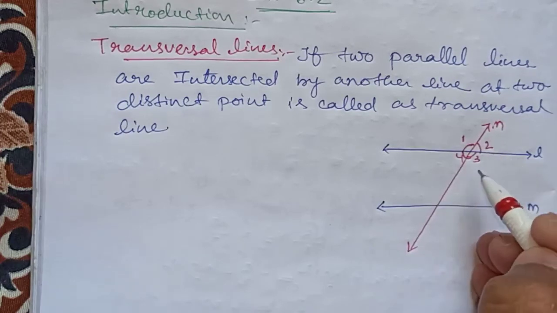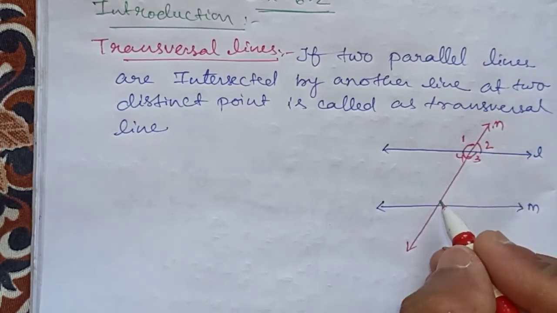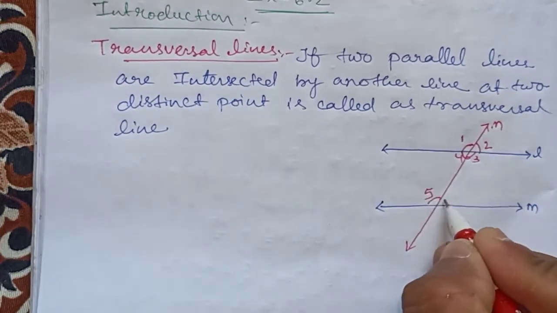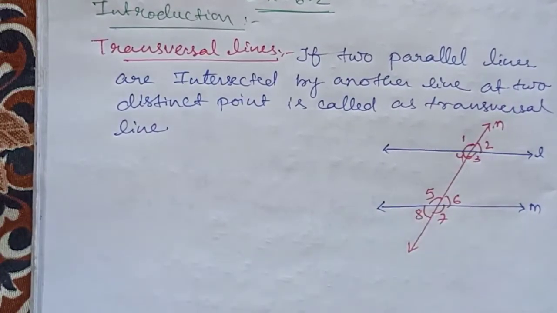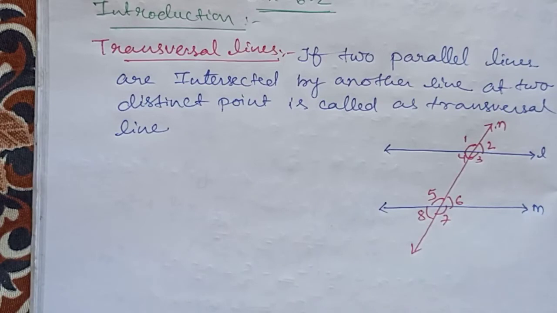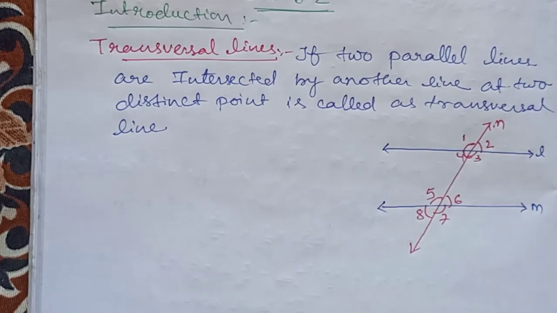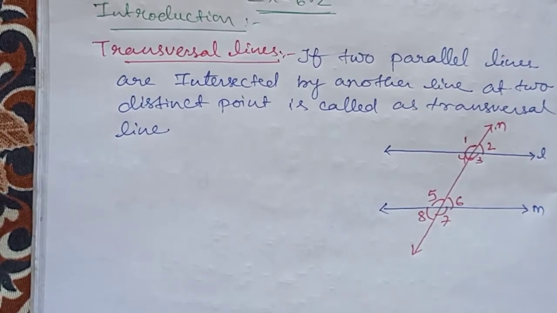Under 4 you write 5, 6, 7 and 8. So there are 8 angles we got from the two parallel lines and the transversal line. Now we have to learn the relation between all these different angles, 1, 2, 3, 4, 5, 6.